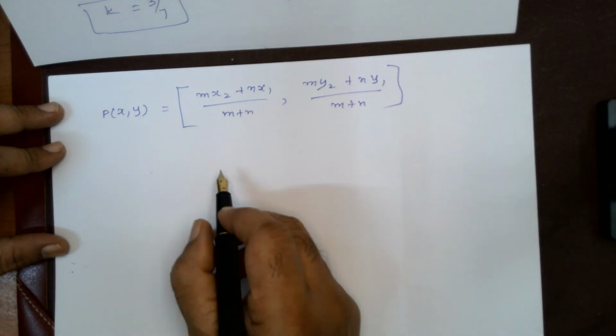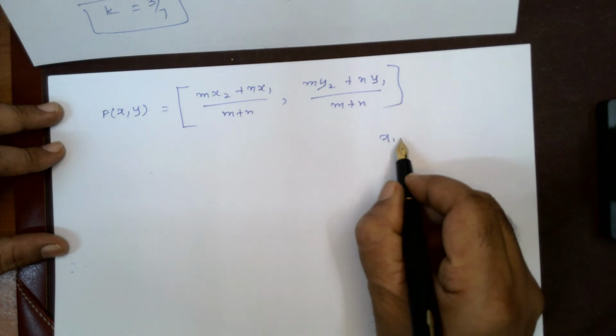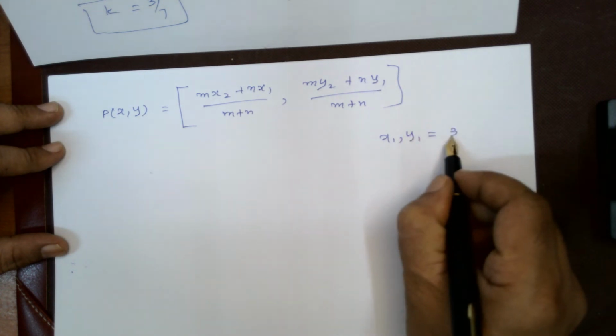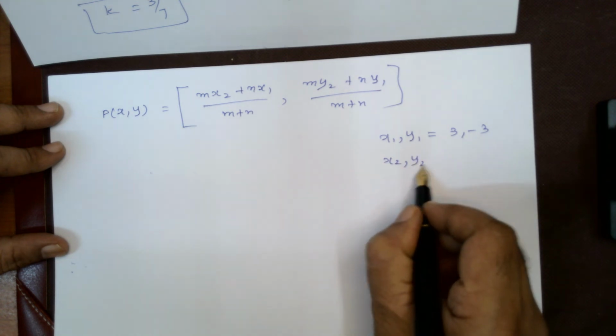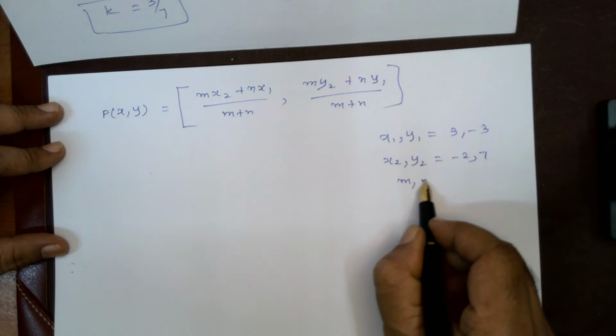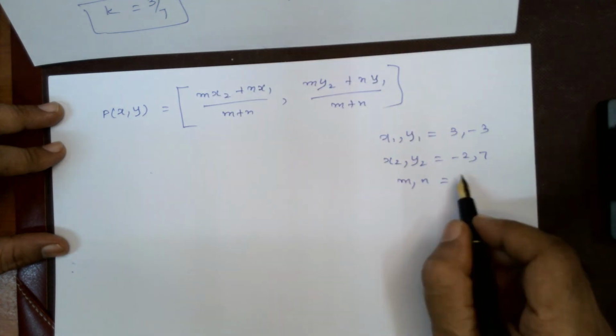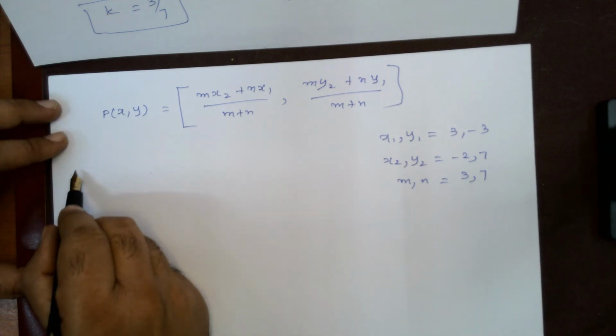Now we can substitute. Let me rewrite. What is this? x1 y1 3 comma minus 3, x2 y2 minus 2 comma 7, m comma n. Now we have found out as 3 comma 7. Now let us directly substitute to find out the point.